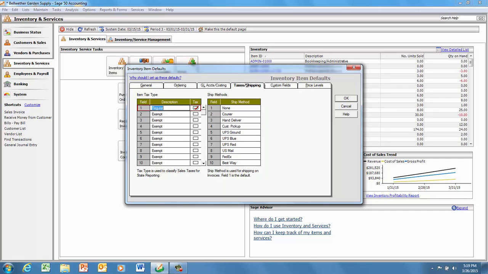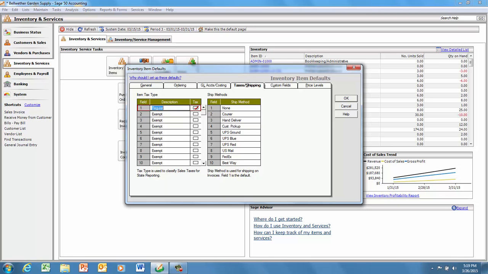This might be for some services, or this might be if we sell something to another place that's going to turn around and resell it, so that they're not the final customer, and so we don't charge them sales tax. They're going to charge sales tax to their customer. So these are the only two that Bellwether Garden Supply uses, and they'll be the only two that you'll need to use.